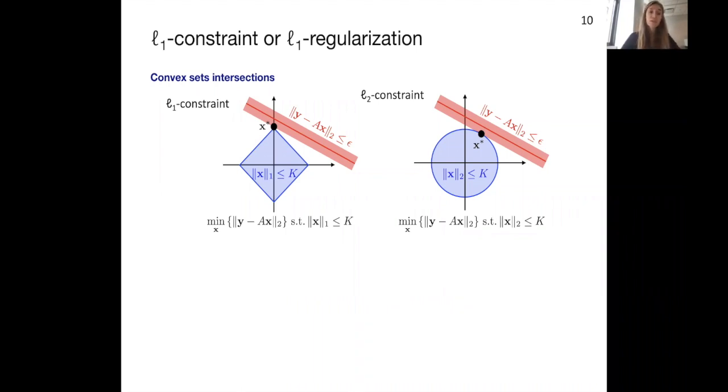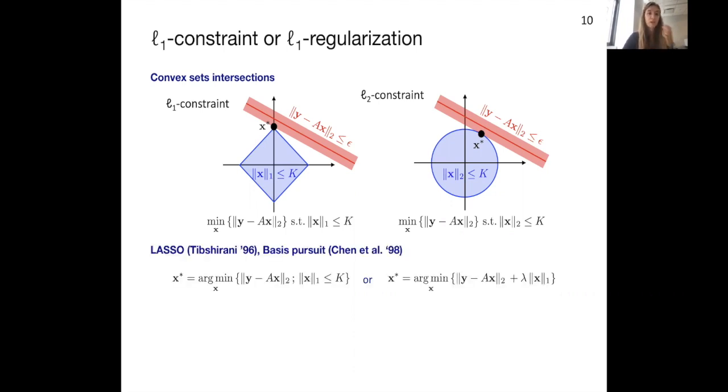But it's also much easier to use this L1 constraint than an L0 constraint, because the set that we are going to have to optimize over is convex. So this gave birth to very famous algorithms that were discovered in different communities simultaneously. It's called lasso in the statistics community and basis pursuit in the signal processing community.